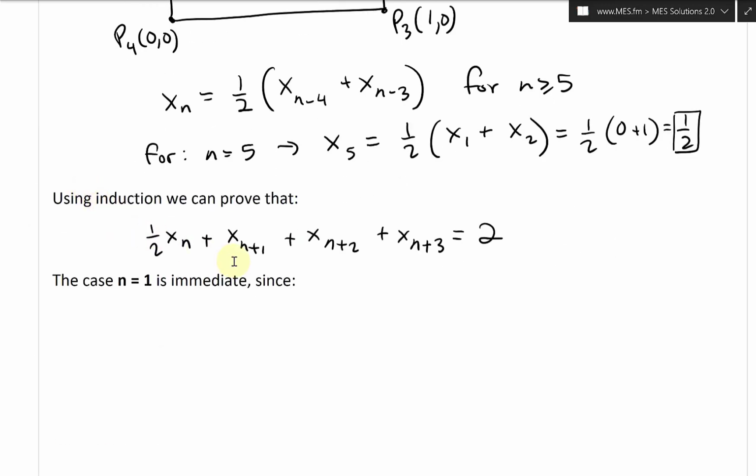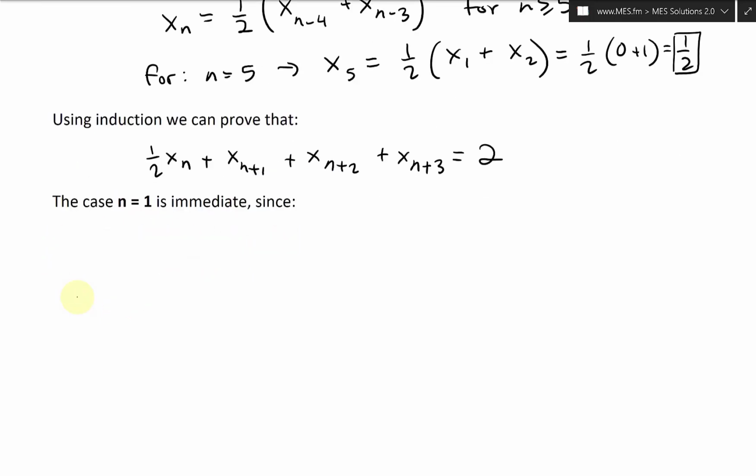In induction, first we consider the first case, so let's look at n equals 1. The case n equals 1 is immediate, we can just plug it in. For n equals 1, we have 1/2 times x1 plus x2 plus x3 plus x4 equals 2.